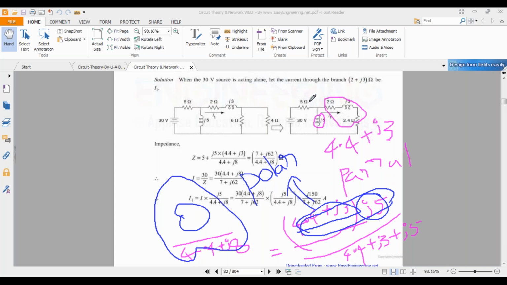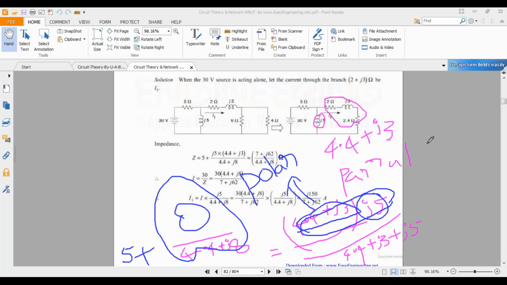Our series component to that equivalent is plus 5, the real part of 5. So currents I1 and I2 can be calculated in this manner. That is what I want to say: for AC circuits, the procedure and the things are the same as for DC circuits.